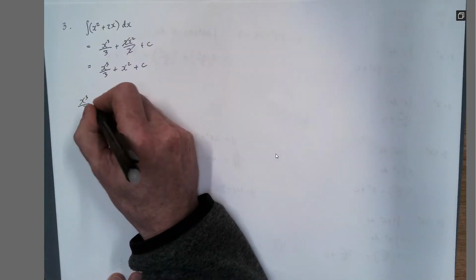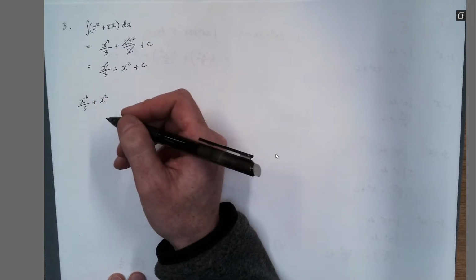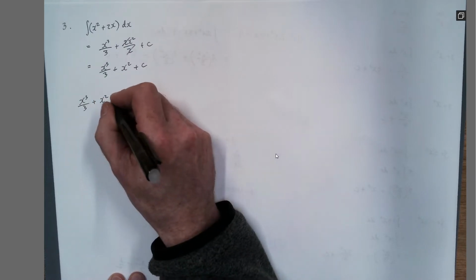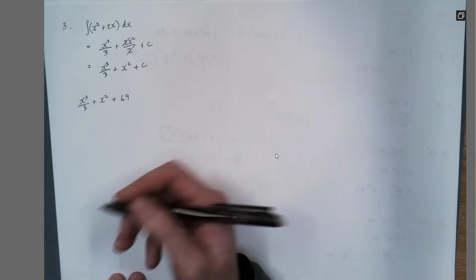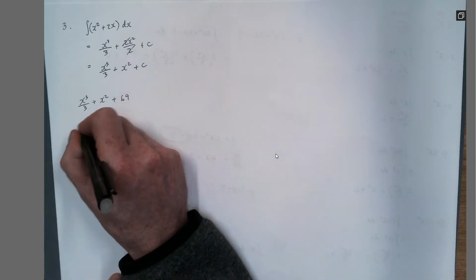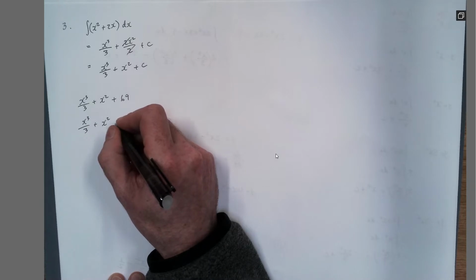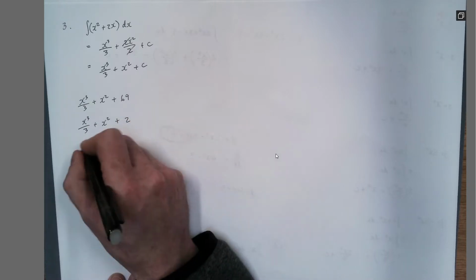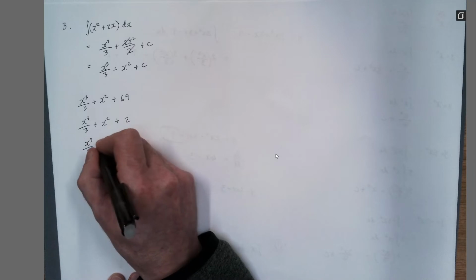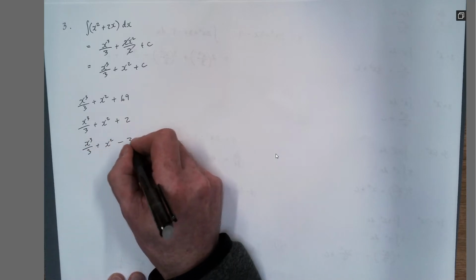So you do plus x squared plus 2, or just minus 3. It doesn't make any difference. They're all antiderivatives, so you can show them.